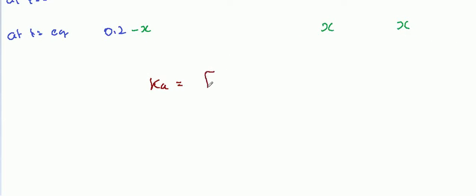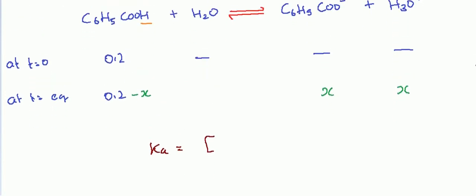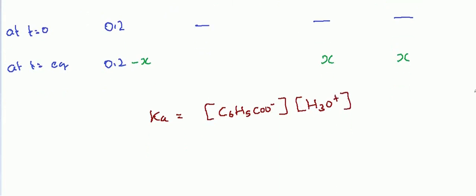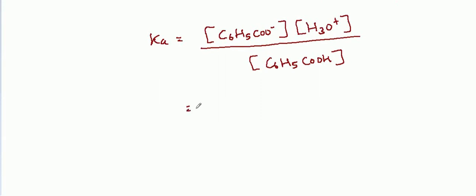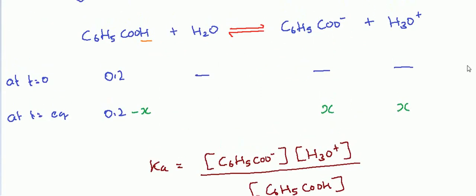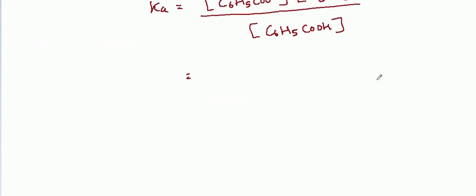It is the concentration of products upon reactant, so it will be the concentration of C6H5COO minus times the concentration of H3O plus, divided by the concentration of C6H5COOH. Now I can replace directly in this expression. It is x times x divided by 0.2 minus x.